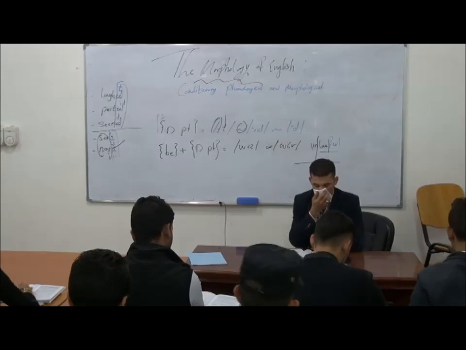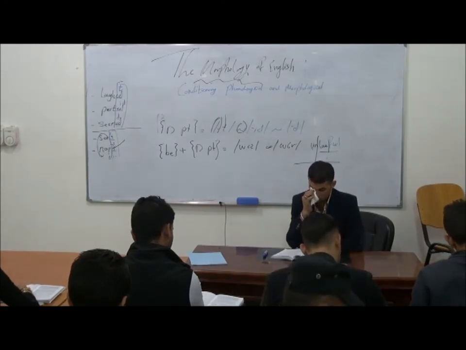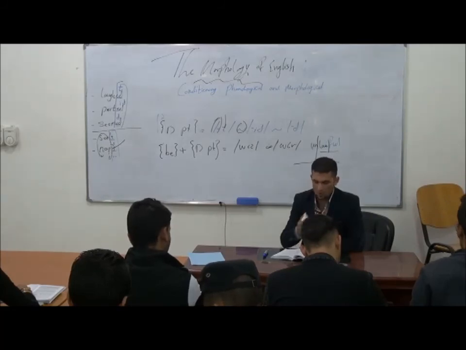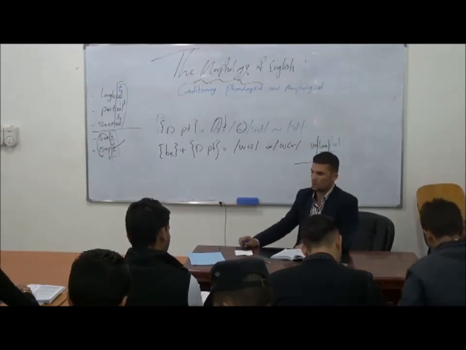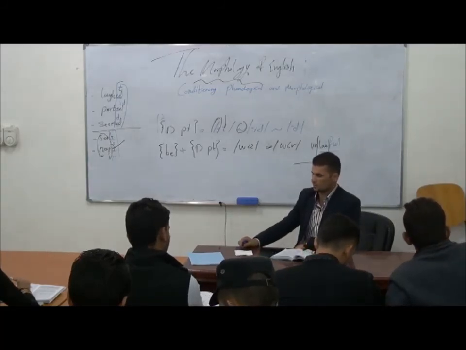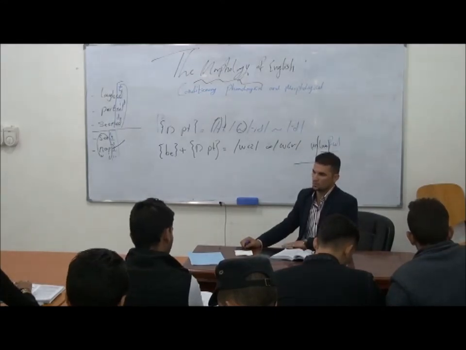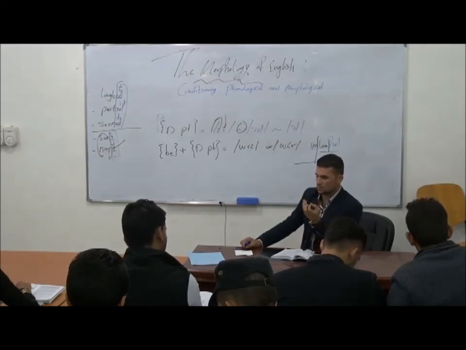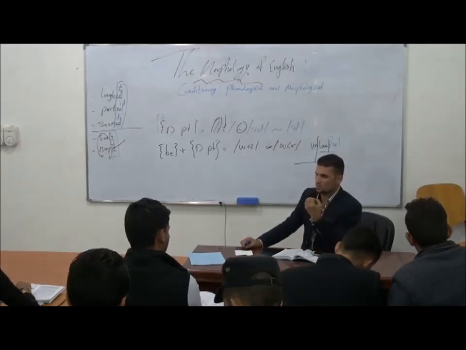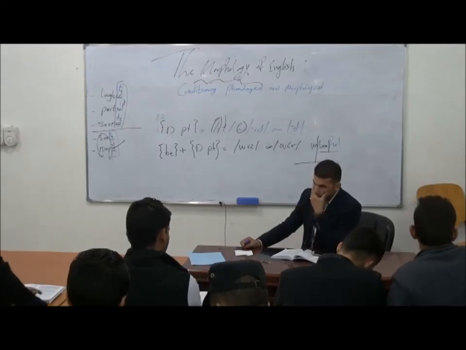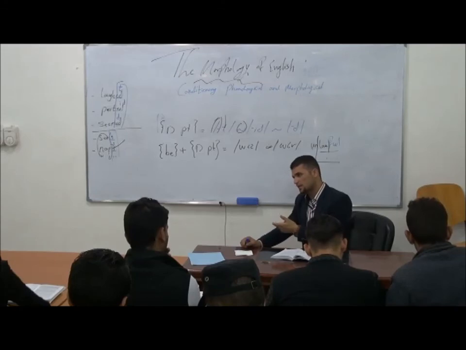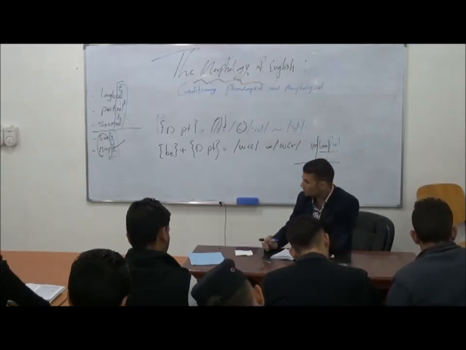Number one, itemized. We have three morphemes, three constituents. So this leaves us with two cuts. The first cut is between itemized, and the second cut between what?